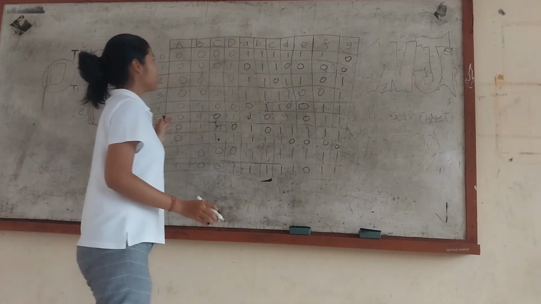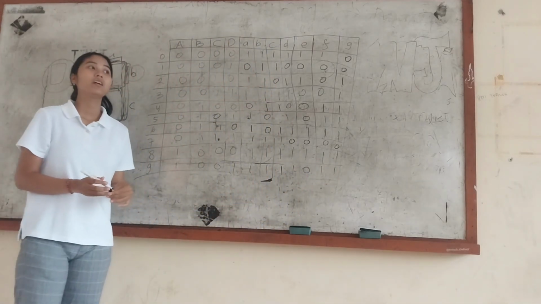So this is the truth table of the BCD to 7 segment. That's the explanation about the truth table of BCD to 7 segment display. 1 means the segment is on, and 0 means the segment is off.